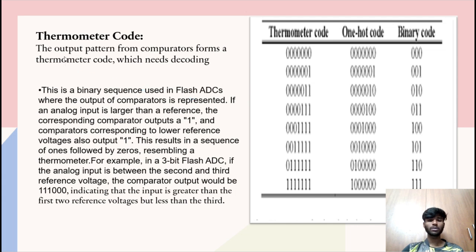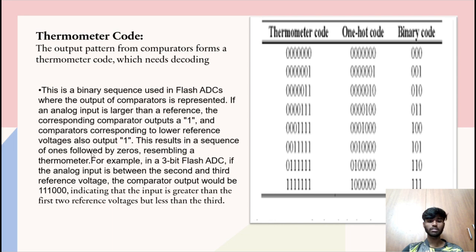In that, thermometer code: the output pattern from the comparators forms a thermometer code which needs decoding. This is a binary sequence used in flash ADCs where the output of a comparator is 1 if the analog input is larger than its reference. The comparators corresponding to lower reference voltages also output 1.